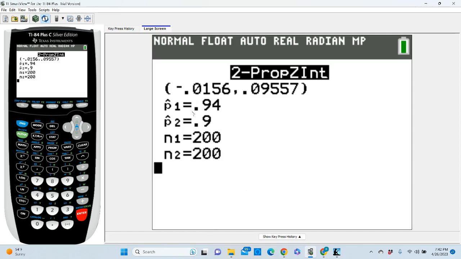Here are your p-hats, p-hat 1, 94, p-hat 2, 90. We said that. They're giving an interval for the true difference to be somewhere between negative 0.01 and positive 0.09. There is a 0 in this interval. That means that we do not have sufficient evidence that the day shift is better than the night shift.